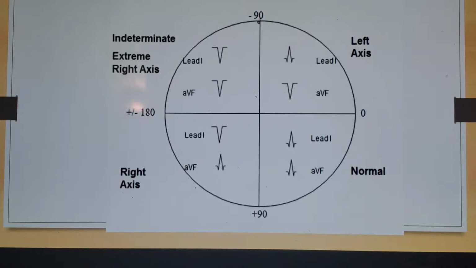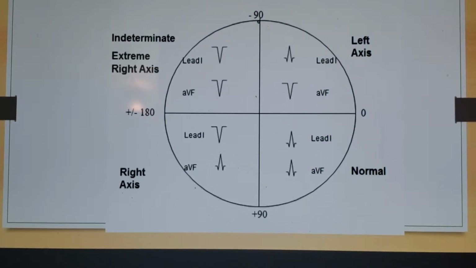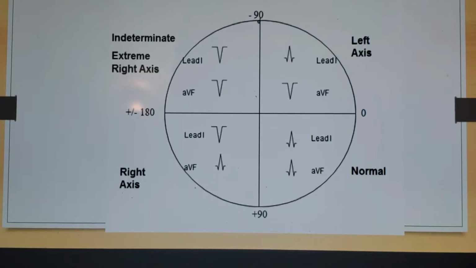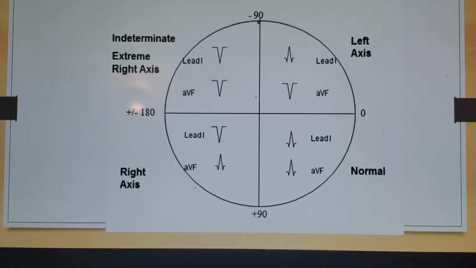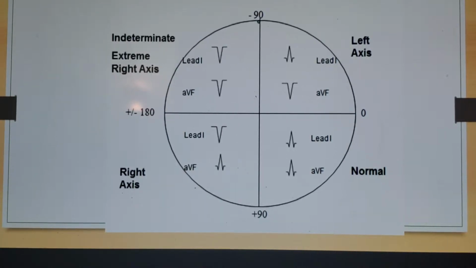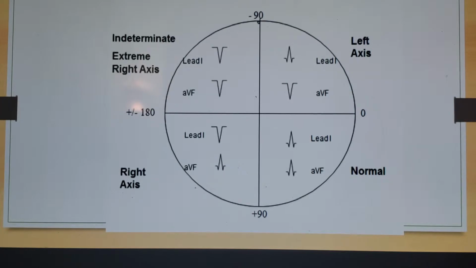In a rightward axis deviation, lead 1 will go down and AVF will go up, so they point towards each other. This doesn't happen very much, but if lead 1 and lead AVF are both pointing down, that's an extreme right axis. So remember, both 1 and AVF up is normal. Pointing away from each other, left axis. Pointing towards each other, right axis deviation.